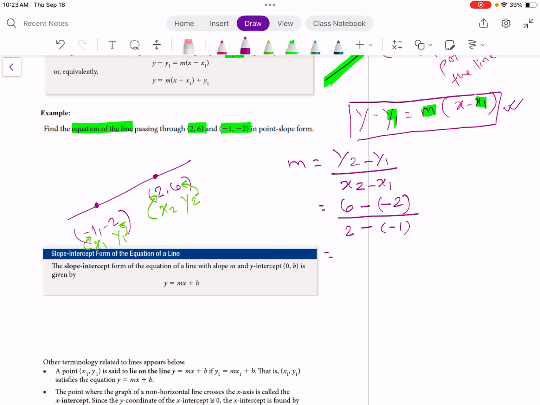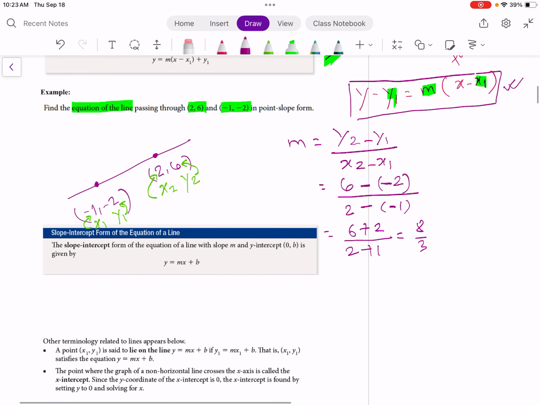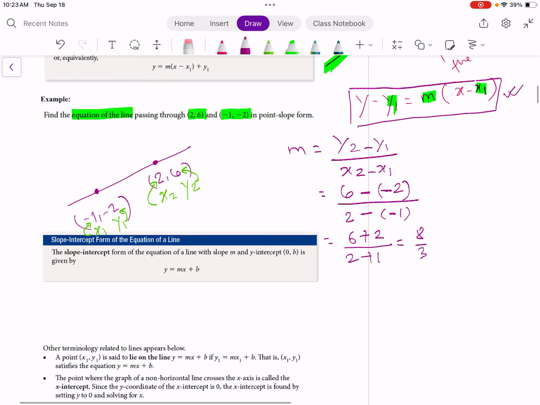So this is 6 minus a negative 2, that is +2, divided by 2 minus a negative 1, that is +1. So we have 8 divided by 3. Now our slope is positive. What does this mean? The line is going up. Our target is finding the equation of the line.